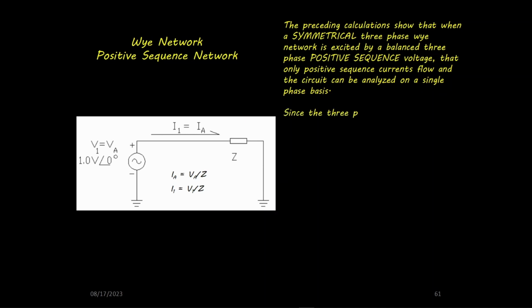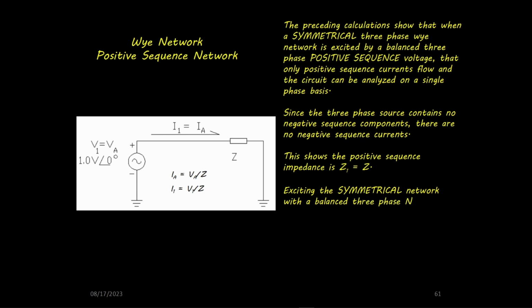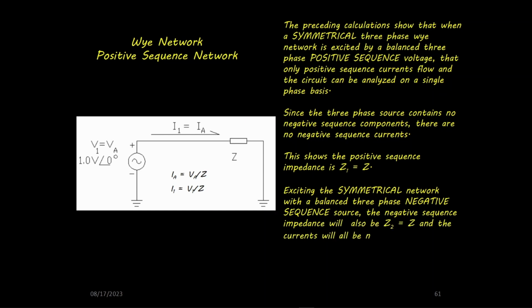Since the three-phase source contains no negative sequence components, there are no negative sequence currents. This shows the positive sequence impedance is Z1 equals Z. Exciting the symmetrical network with a balanced three-phase negative sequence source, the negative sequence impedance will also be Z2 equals Z. And the currents will all be negative sequence.